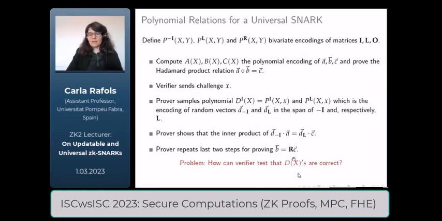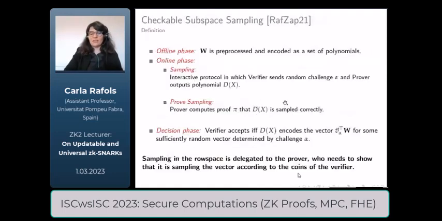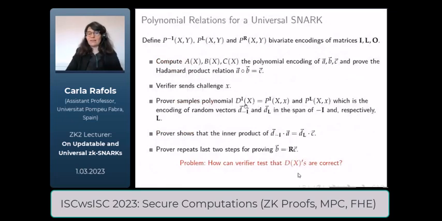There's only one problem here, which is here. How can I verify? The difficulty here is that the verifier doesn't know that these partial evaluations were done correctly. Okay? And this is actually the main difficulty that was identified for building universal and updatable SNARKs.